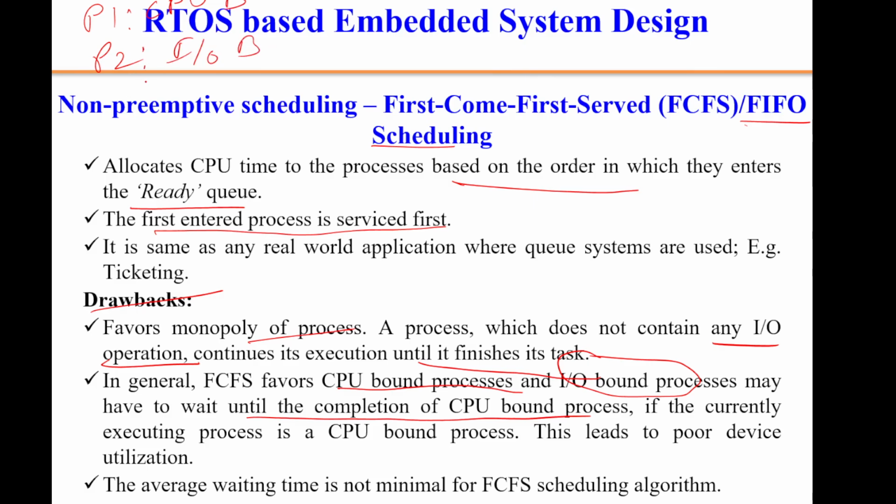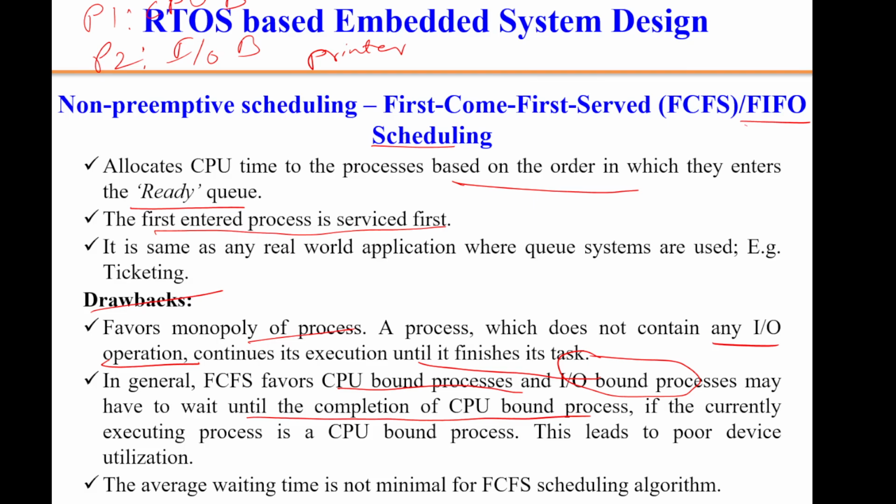An IO bound process is one which spends most of its time on IO operation, something like a printer, where CPU may be required only at the starting time. Later the operation will be done by the printer itself.